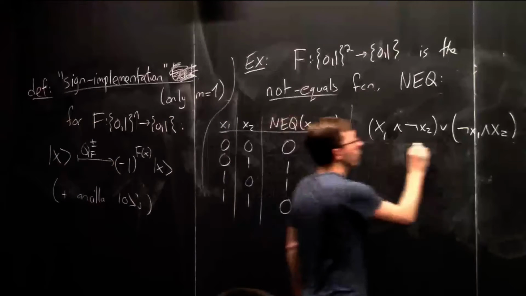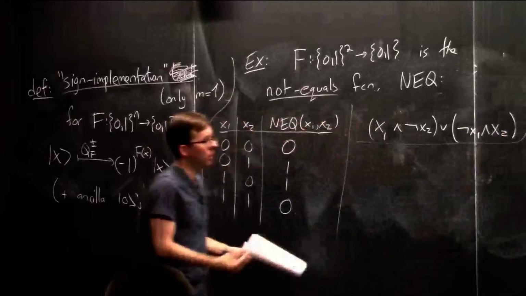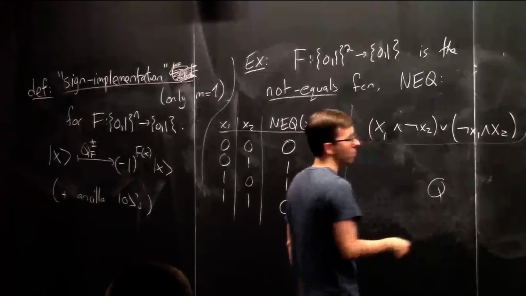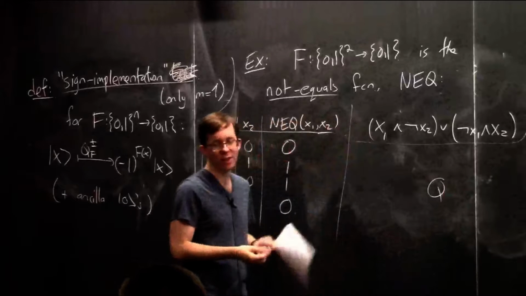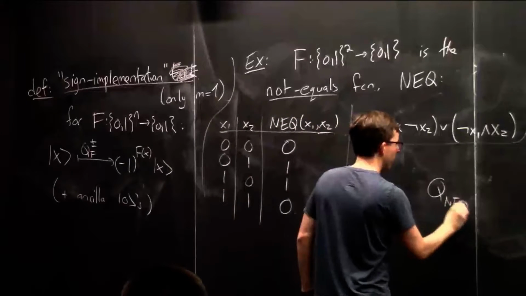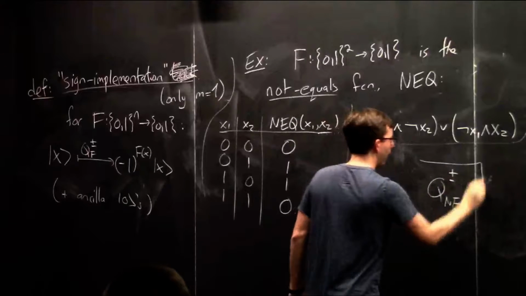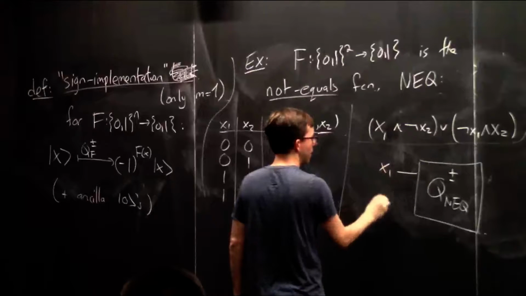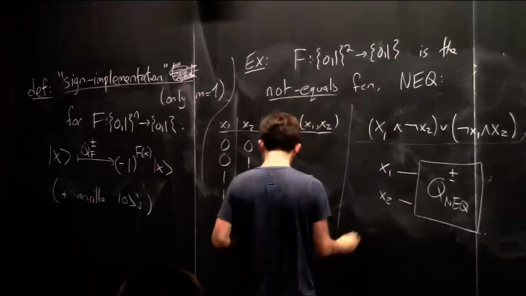Okay, and so by a simple transformation, we can be assured there exists a quantum circuit with a few C-swaps and NOTs and things. Actually, probably make it more easily than that, but there's some quantum circuit that has some really simple behavior. It accepts 2 qubits, x1 and x2.